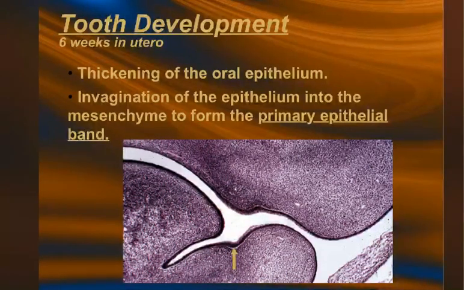Invagination of the epithelium into the mesenchyme forms the primary epithelial band. At this stage, where we see thickened oral ectoderm and a slight invagination toward the ectomesenchyme, this stage is called the primary epithelial band stage.